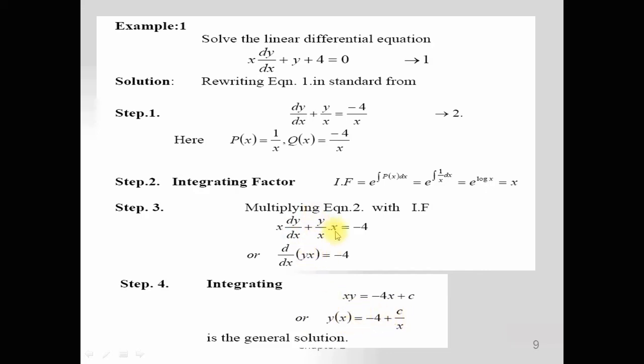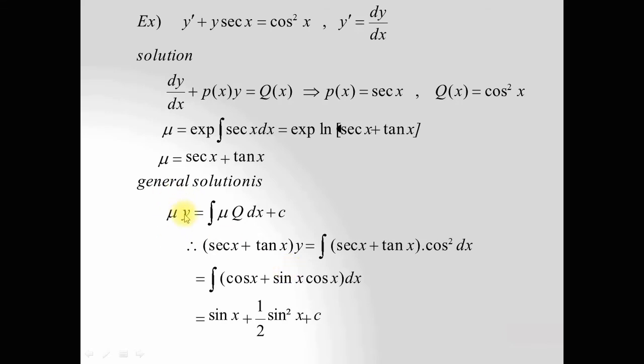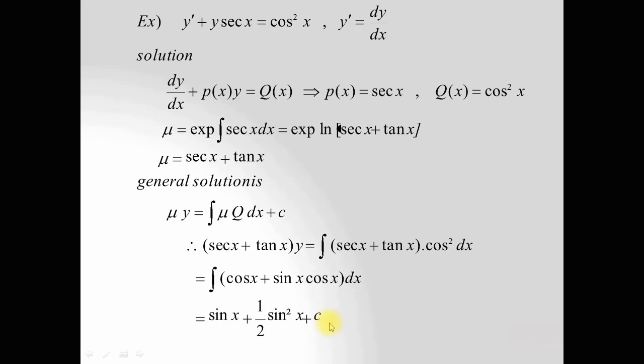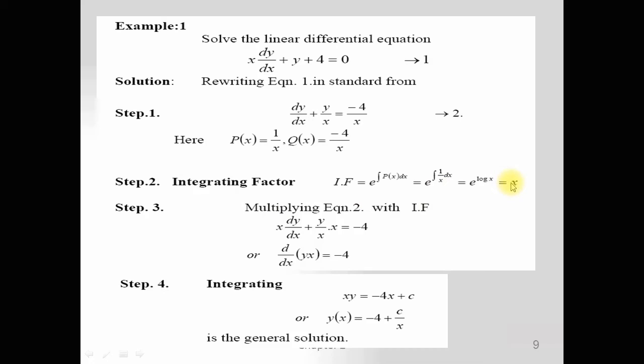And dear students, you can find the solution of this differential equation by using this formula, that the integral factor dot y, integral factor is x, so integral factor dot y is equal to the integration of integral factor dot q. This is the q function. So x and x cancel, and the integration of minus 4 is equal to minus 4x.